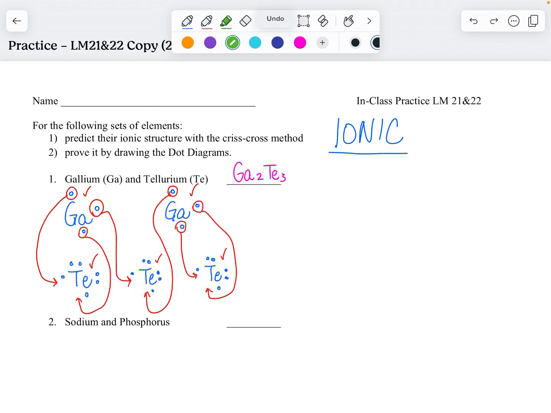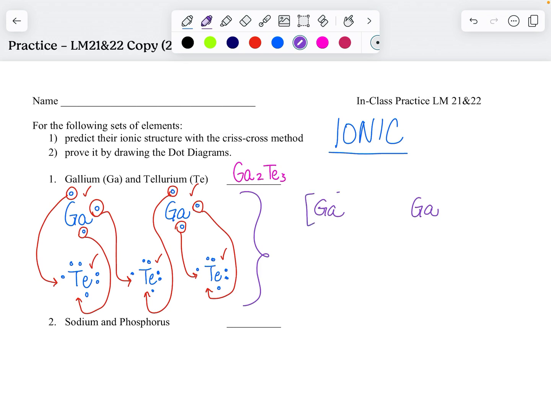So our final step here is to draw the ion structure of what forms. And so this is showing not the process, but the final structure. So we have 2 galliums, and they lost their valence shell. So we do not show any electrons on it to represent that it lost its valence level.